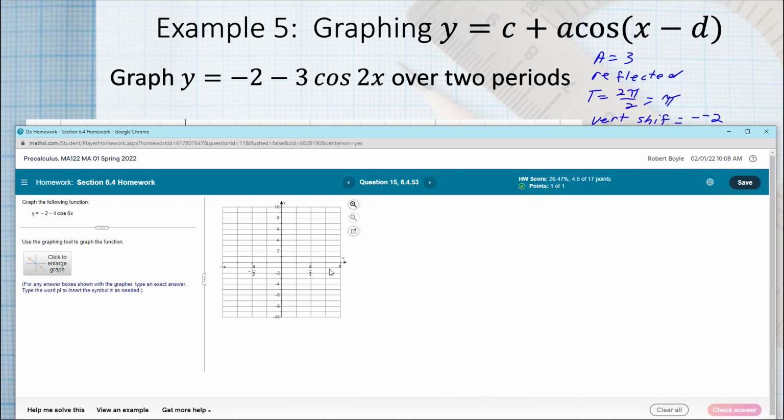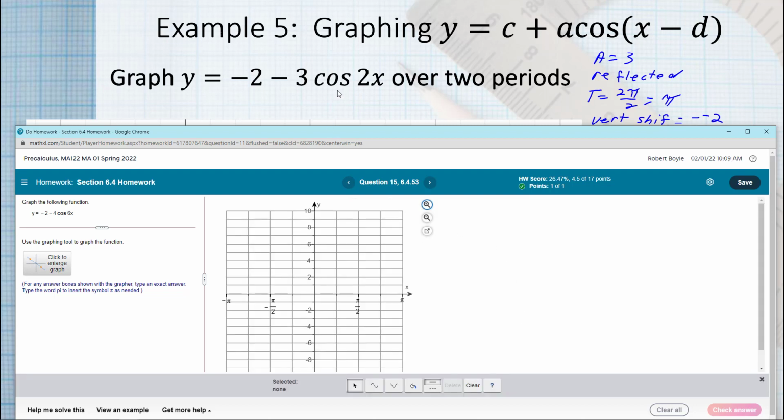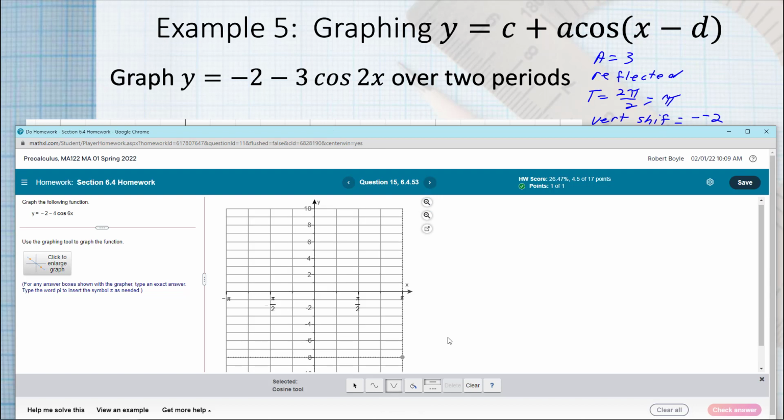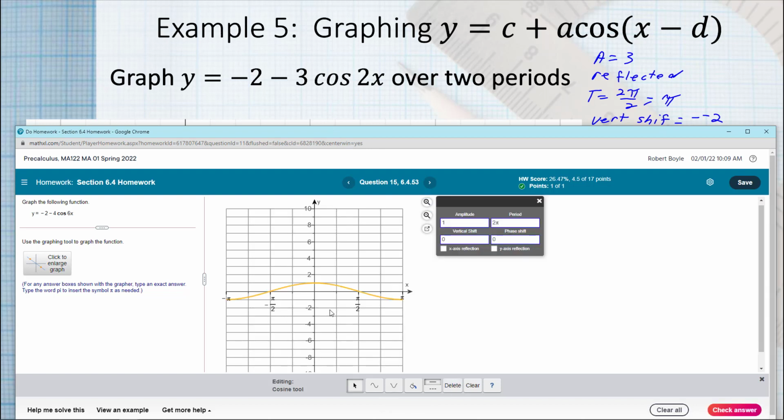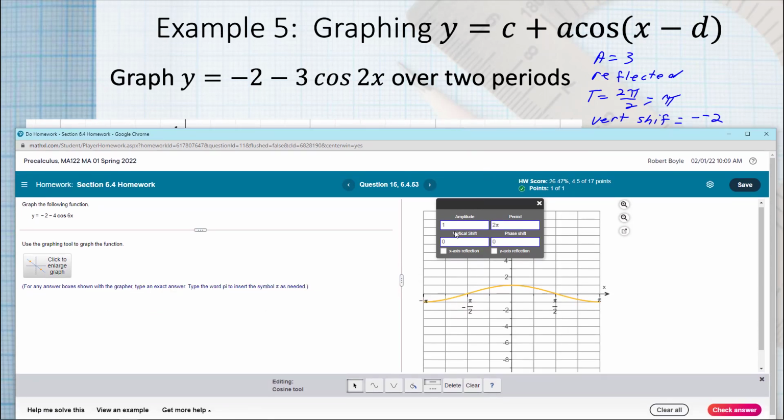How would we do this in MML? Well, once again, here is our interface. Just raise the graph, zoom up the graph, pick the cosine tool again. I probably should have done more sine stuff. And there's our function. Okay, now our amplitude is 3. See, now, since we have all this bookkeeping here already, we can work with that. The amplitude is 3, so we'll just change this to a 3.